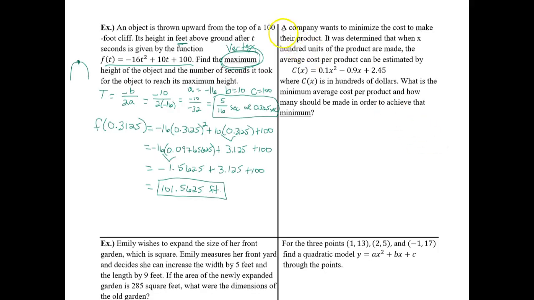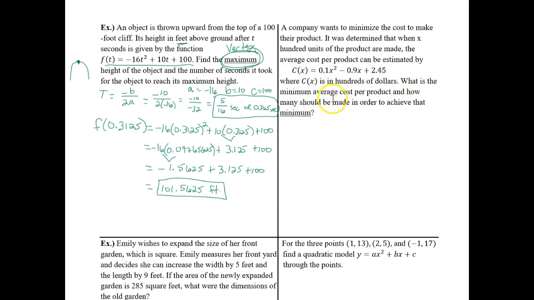Okay, the problem says, the company wants to minimize the cost to make their product. It was determined that when X hundred units of the product are made, the average cost per product can be estimated by C of X equals 0.1X squared minus 0.9X plus 2.45, where C of X is in hundreds of dollars.